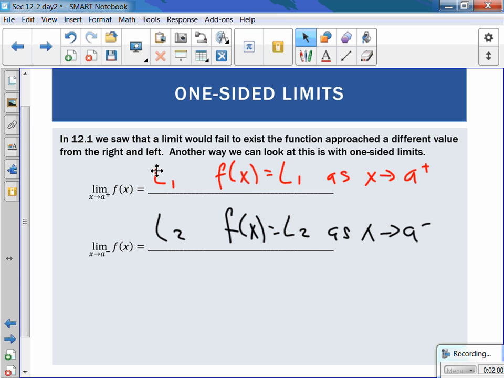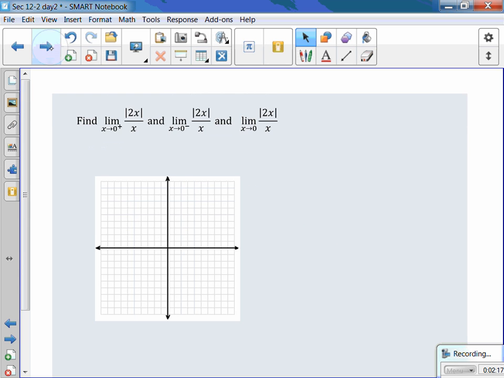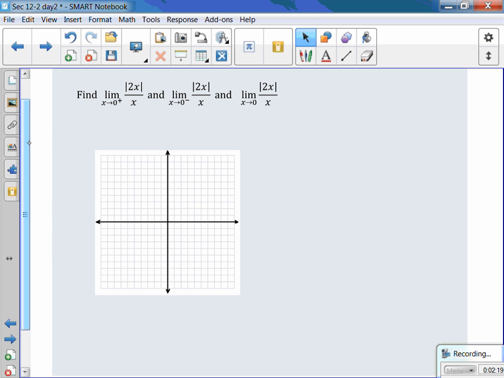Meaning they have to be the exact same number. I can't have a limit approaching from the left side and the right side and coming up with different values. They have to approach the same number. So my L1 and L2 have to be the same.